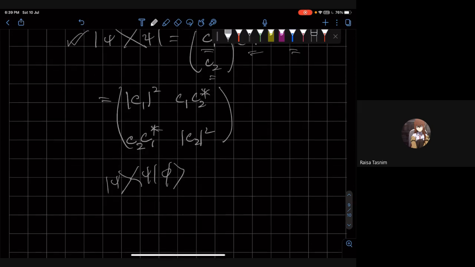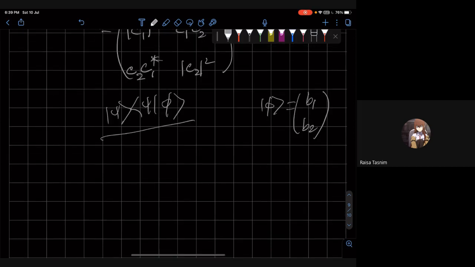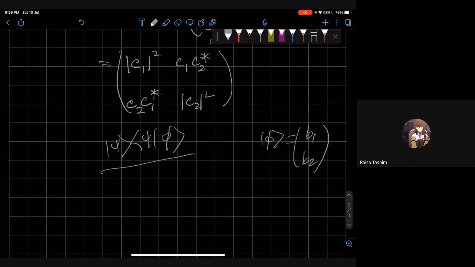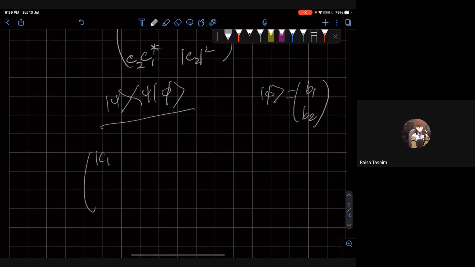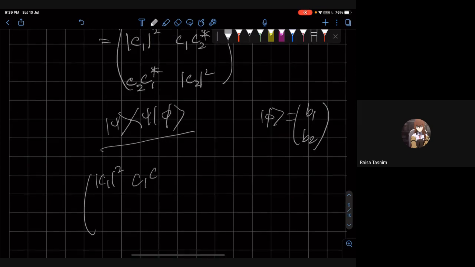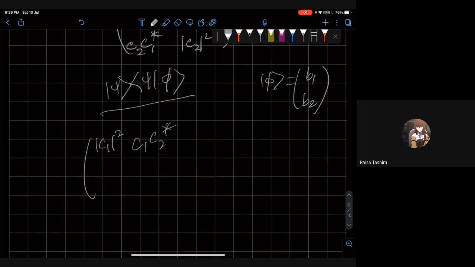Which means that if phi was some state, say (B1, B2), then this equation reads: this matrix, C1 mod squared, C1 C2 star, C2 C1 star, C2 mod squared, acting on (B1, B2).